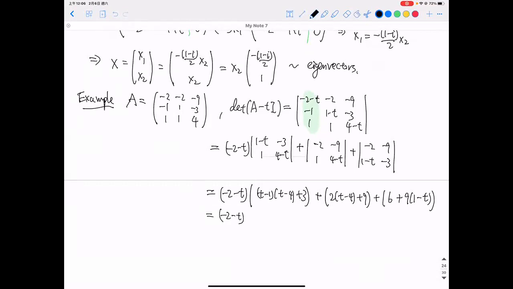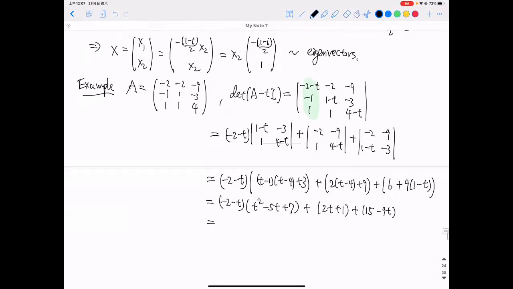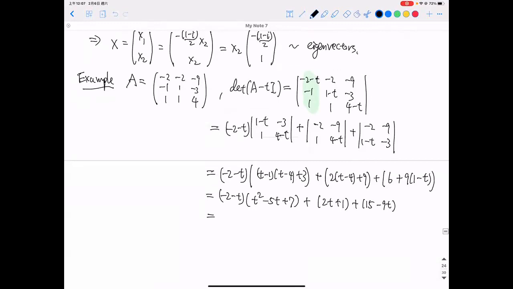Minus 2 minus t remains t squared minus 5t plus 4 plus 3 plus 7 plus 2t minus 8 plus 9 plus 1 plus 6 plus 9, 15 minus 9t. Okay, this looks complicated. Well, we saw there's nothing else we can do.